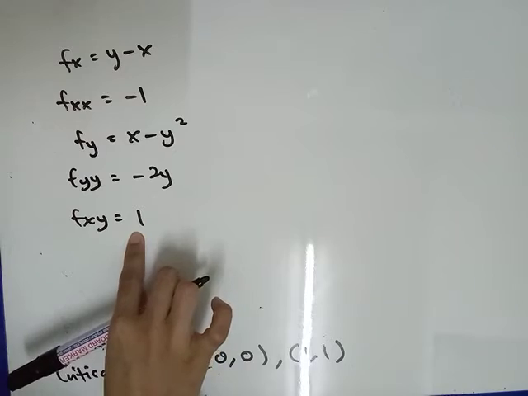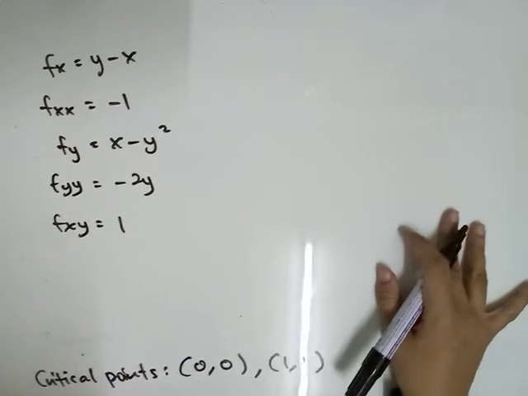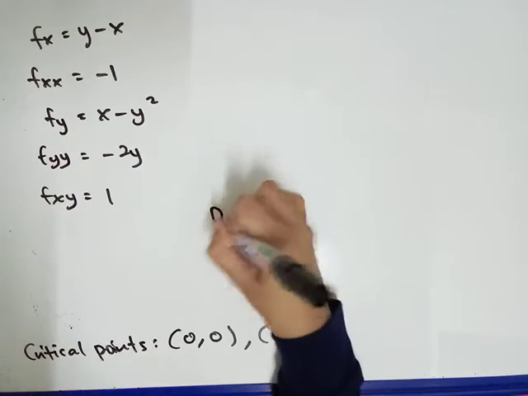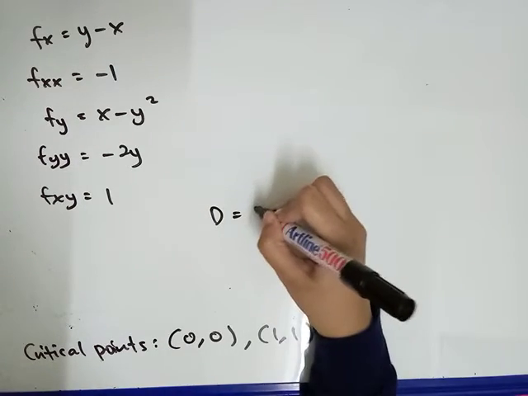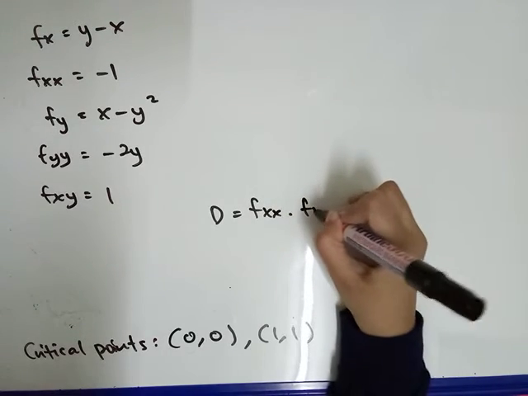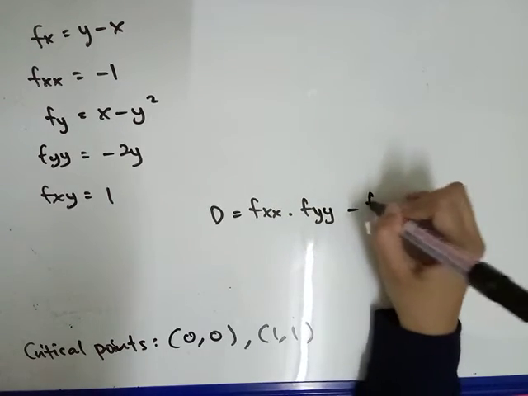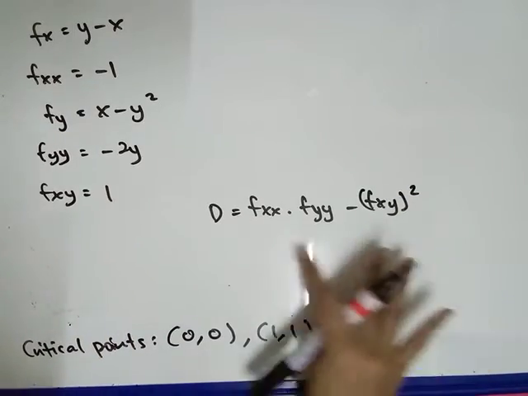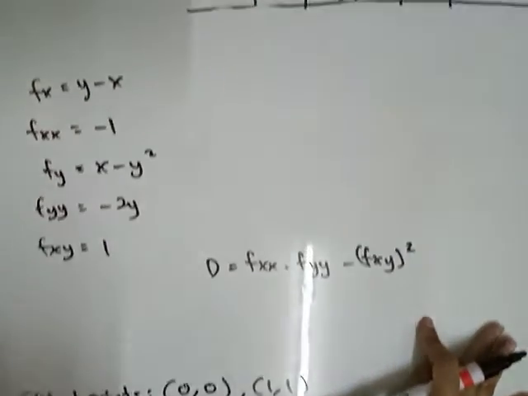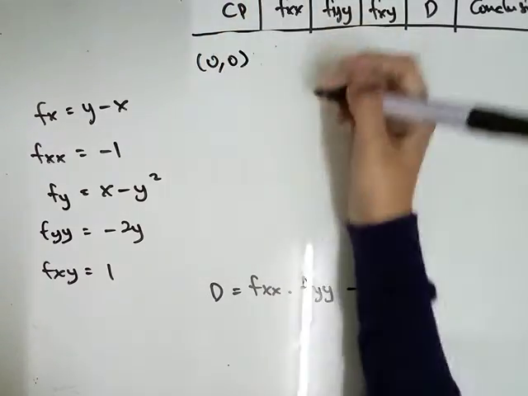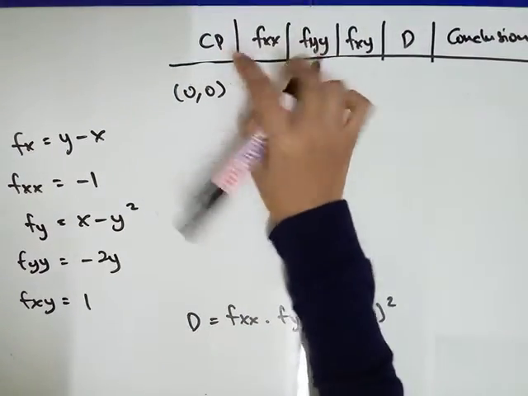Step 4, we need to calculate by using the formula, letting D equal fxx multiply with fyy minus fxy power 2. By using this formula, the first critical point is (0, 0), I short-form the critical point as 0, 0.